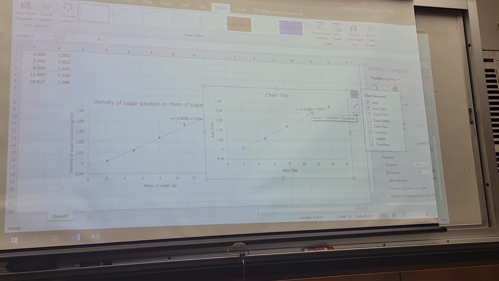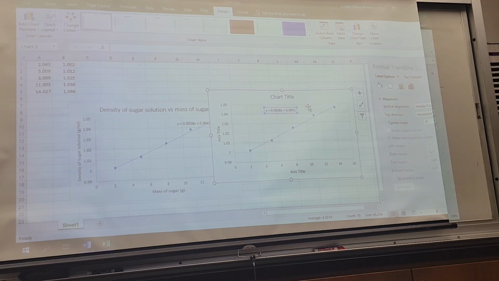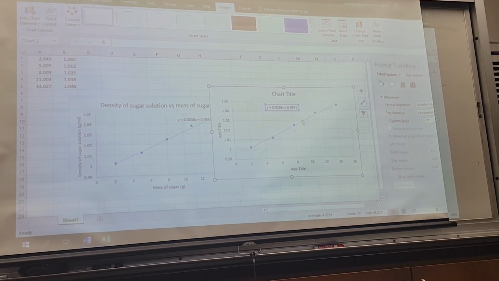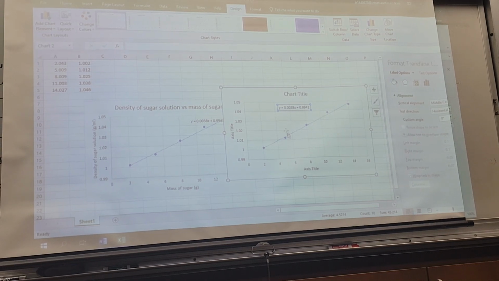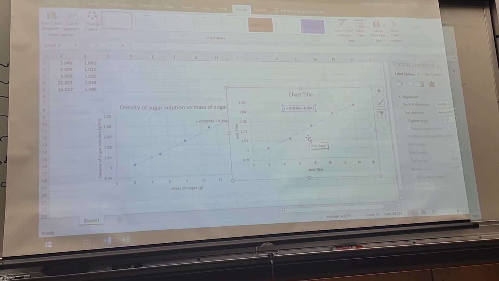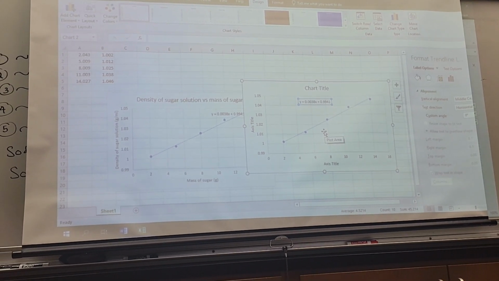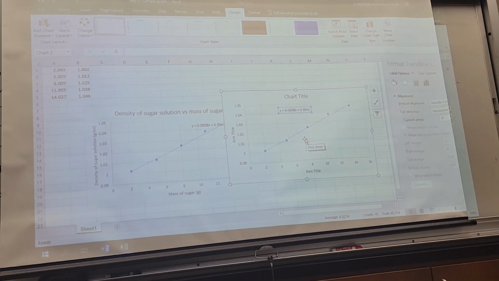This equation is important for us to do the rest of our calculations. When you are turning in your lab report, make sure to turn in this graph as well, and draw this on Excel, not on Google Sheets. You have Excel for free for students at ACC, and we also have it in the library.